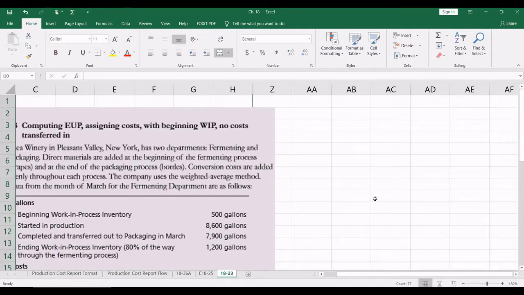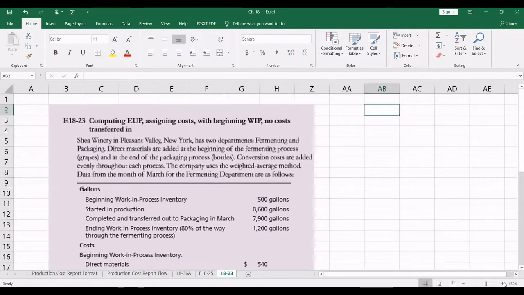Okay, so we'll start here. First thing we have to do is create the title. And the name of the company is Shays Winery. Shays Winery.